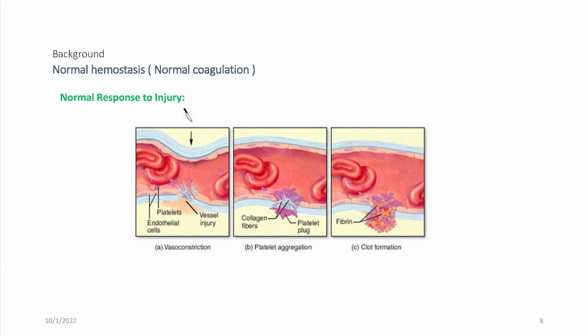The first phase is vasoconstriction, a natural response to injury, then platelet aggregation, and the last phase is clot formation, which is a very complex phase, including activation of the coagulation cascade, extrinsic or intrinsic pathway. The new drugs target the last phase, which is clot formation.